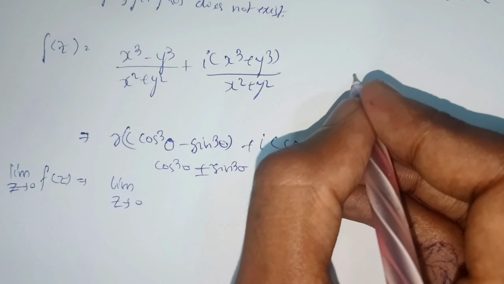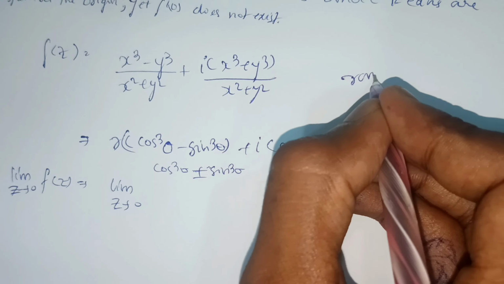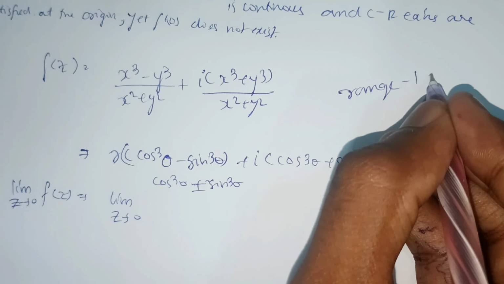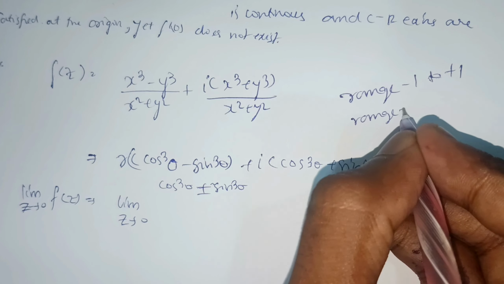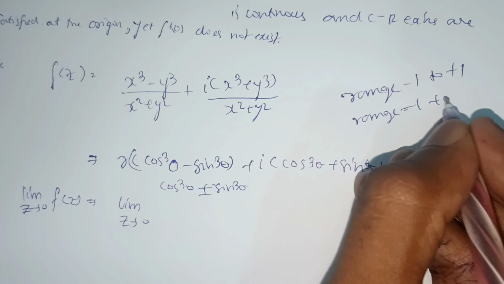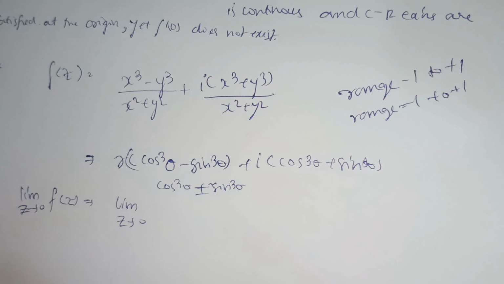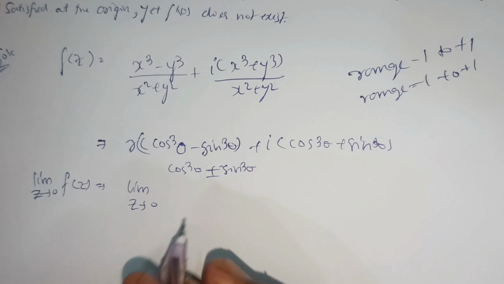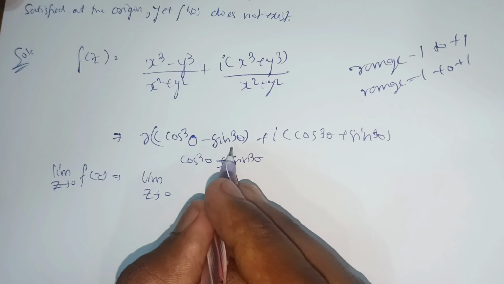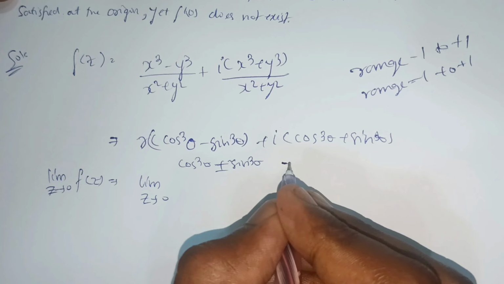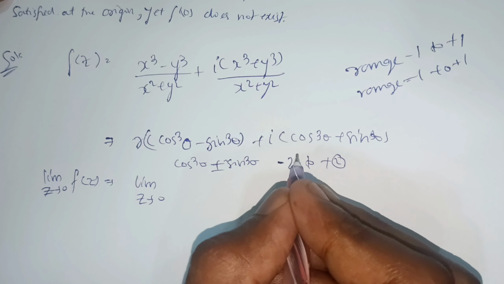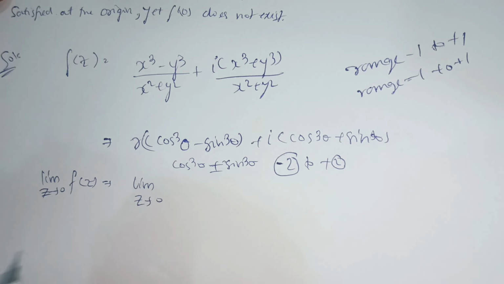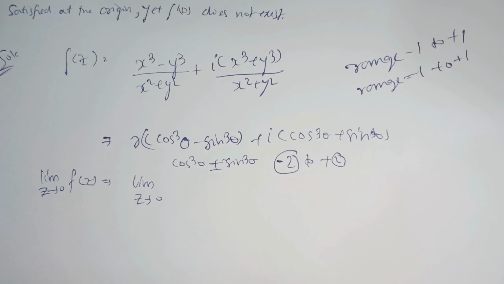The range of sin theta is minus 1 to plus 1, and the range of cos theta is also minus 1 to plus 1. So for cos cube theta minus sin cube theta, the high value is plus 2 and the minimum value is minus 2.